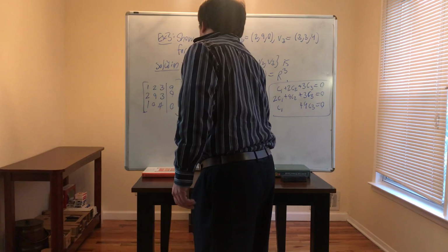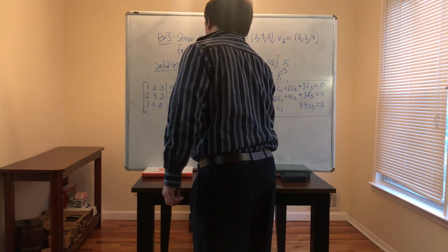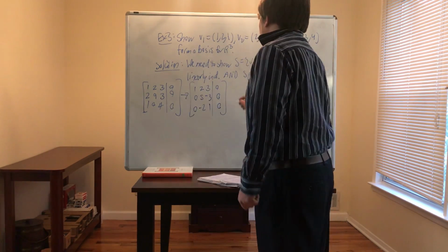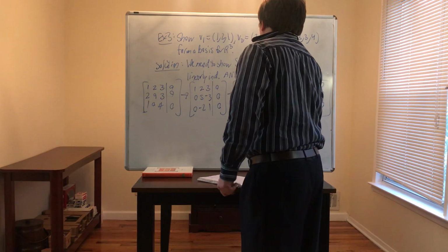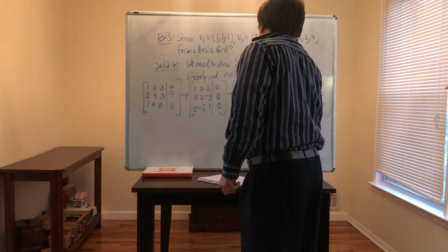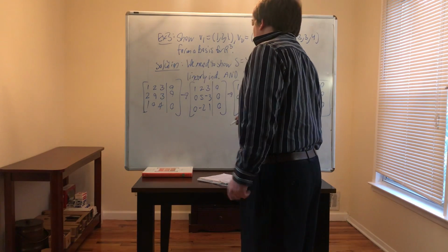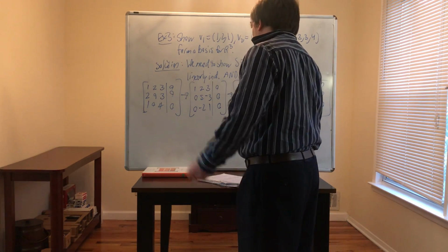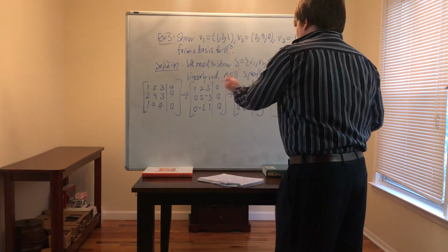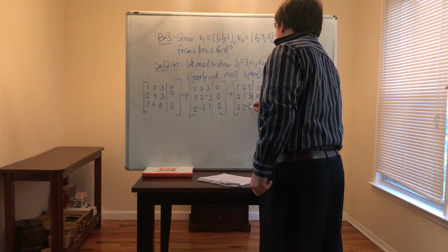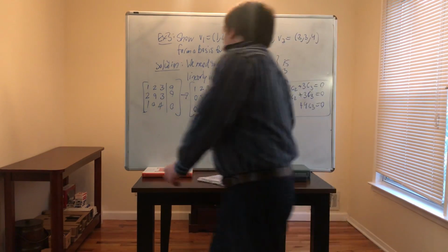And then 0, negative 2, 1, 0. Then continue 1, 2, 3, and then 0, 1, negative 3/5, 0, and then 0, 0, negative 1/5, 0.